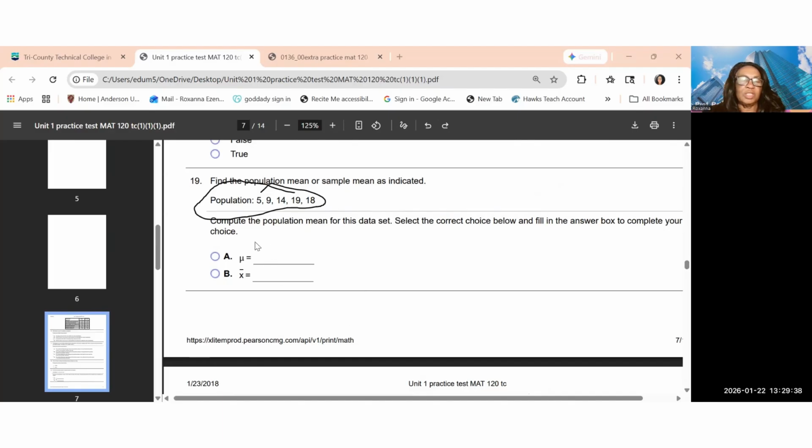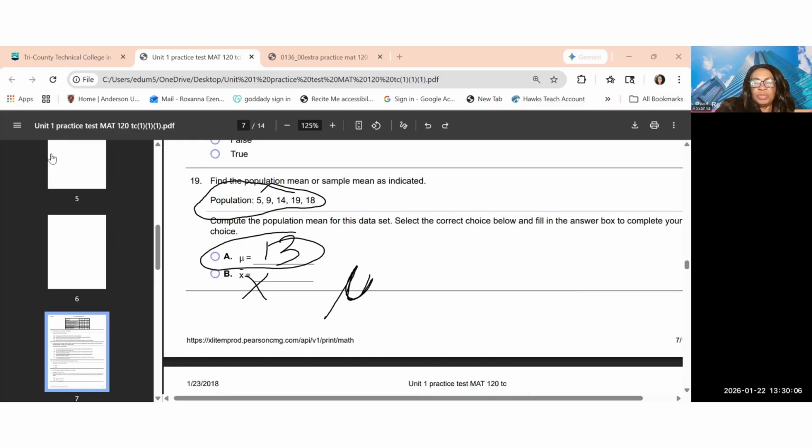The most important thing is to be careful that you don't write that mean as x bar. So the mean is 13. Write it in the first one. You cannot write it in the second one. Why? Because you are told that it's a population. The mean of a population is mu.